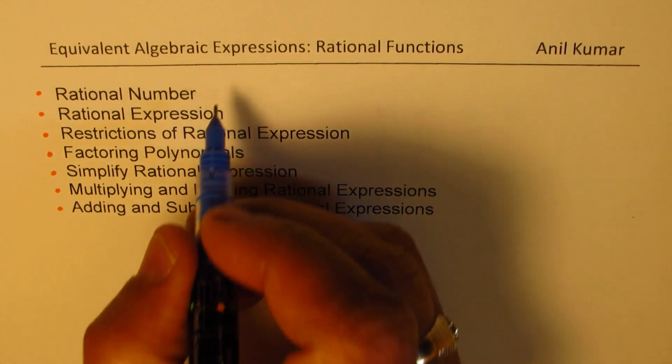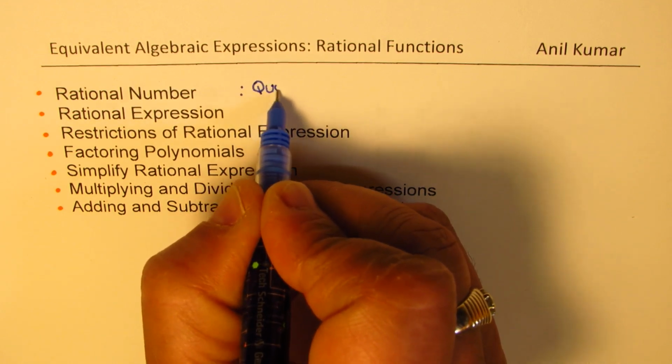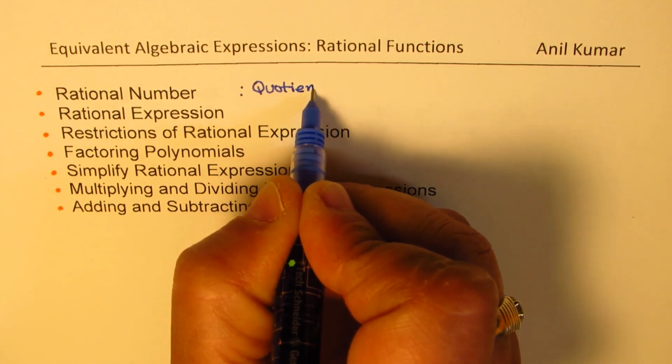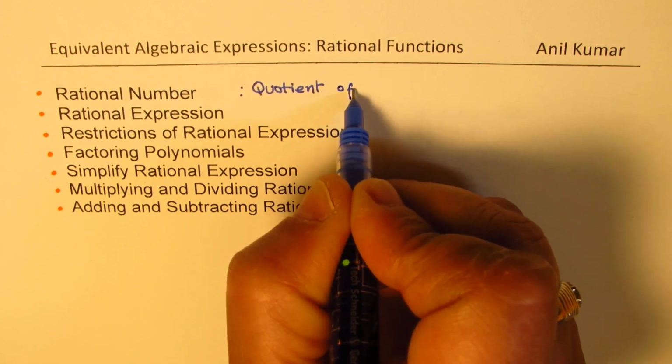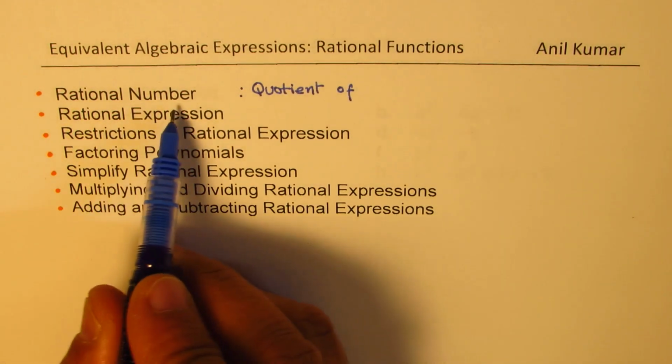As you know, a rational number is basically a quotient of integers, right? Whenever we have one integer divided by the other, we get a rational number.